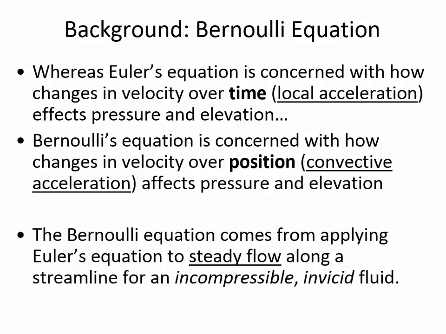Now here are the conditions where we can apply Bernoulli's equation. It actually comes from starting with Euler's equation, but then applying it under circumstances of steady flow. So that means that conditions aren't changing over time, along a streamline.